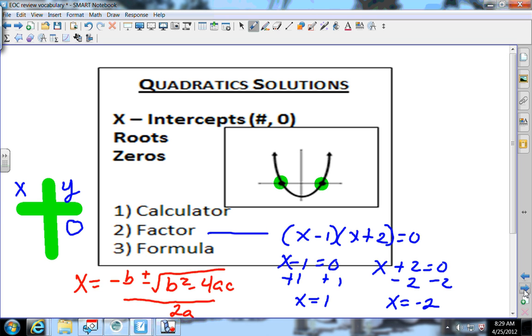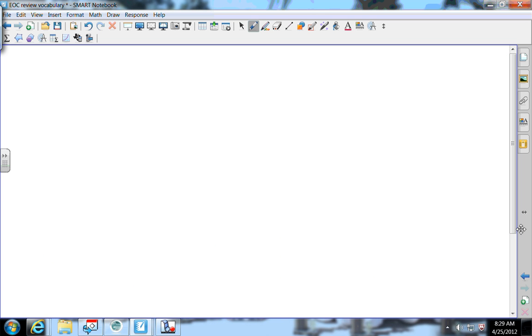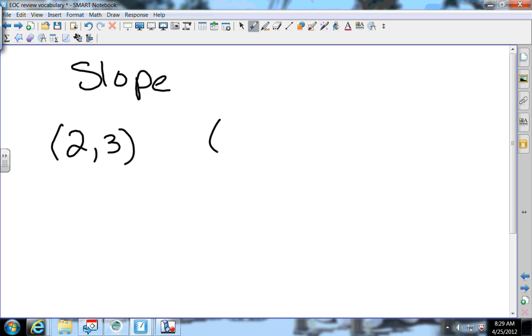Now flip your paper over and let's look at something for a second. The last thing that I'm going to do on this video is talk about slope. On slope, first off, if I have 2 ordered pairs, how can I find the slope between these 2 ordered pairs?